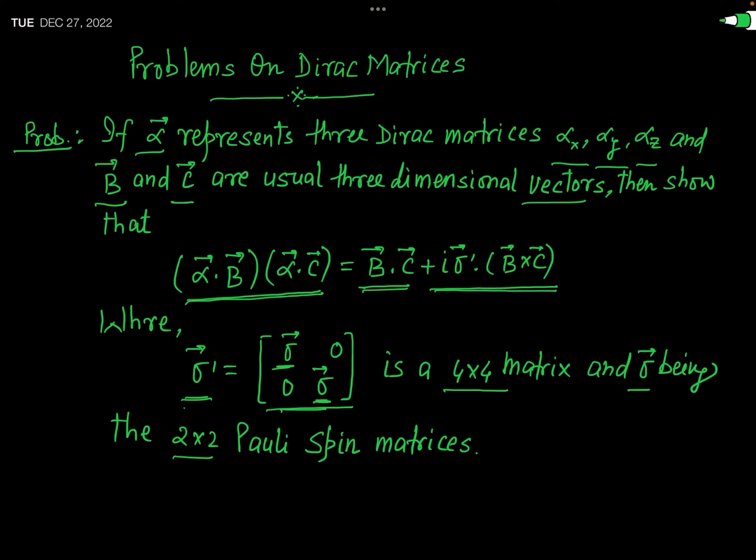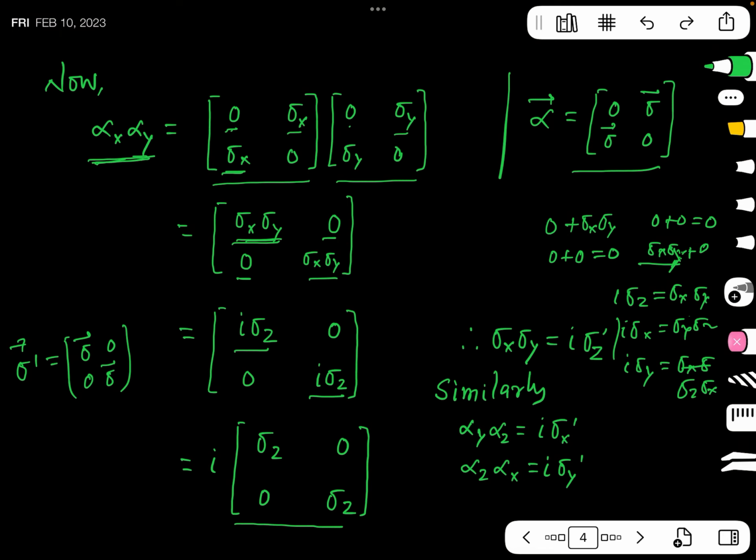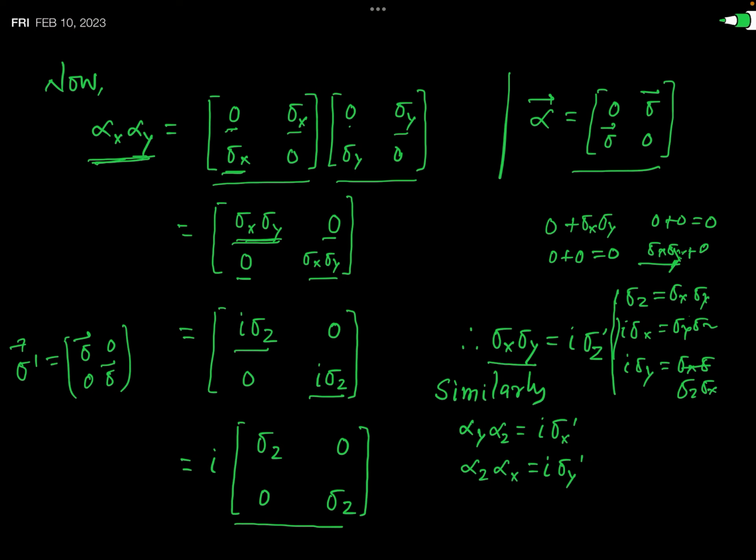So if you now want to find any component of this sigma dashed, you have to put the corresponding component inside this matrix. So from the given condition, we can easily write that this matrix sigma z 0, 0 sigma z is simply equal to sigma z dashed. Okay, so I have written here that this alpha x alpha y is equal to i sigma z dashed.